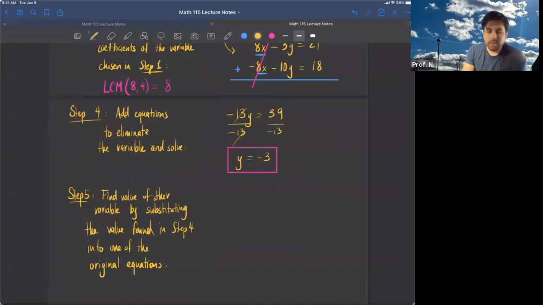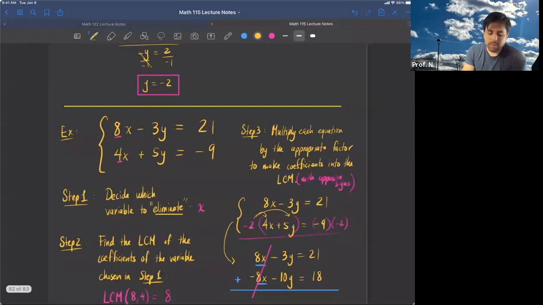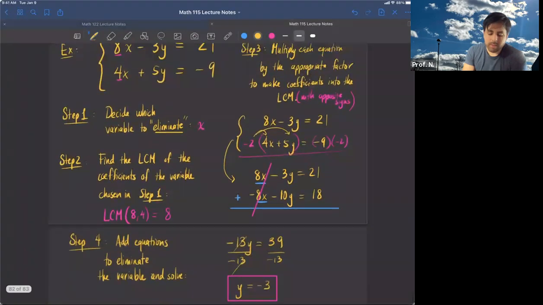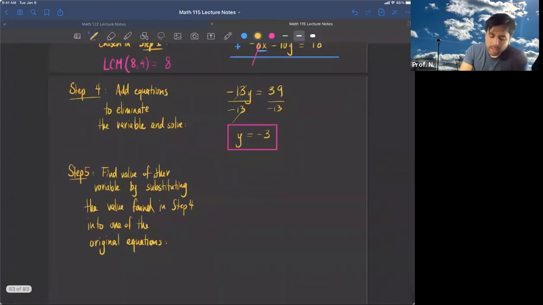So what are the original equations? 8x minus 3y. I guess I'll just use the first one. So I get 8x minus 3y equals 21. So 8x minus 3 times negative 3 equals 21. 8x plus 9 equals 21. Subtract by 9.